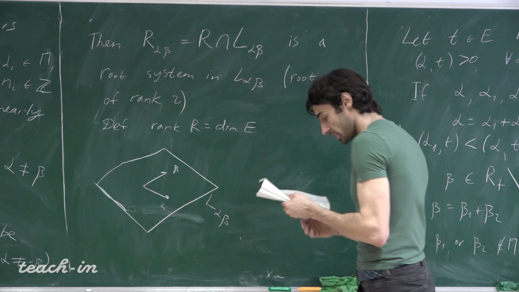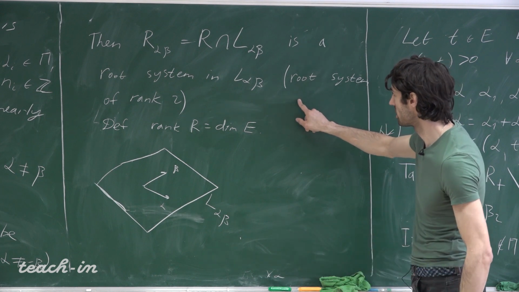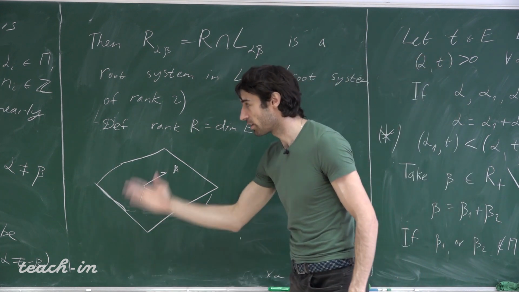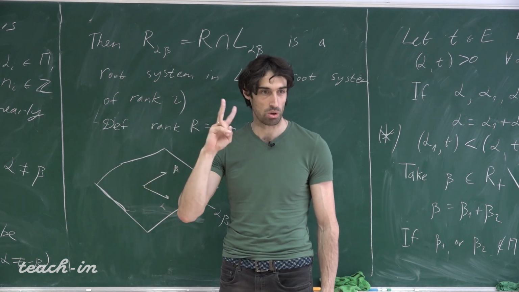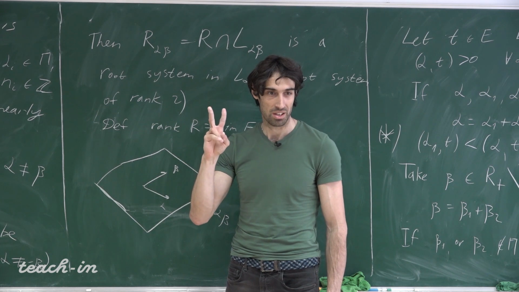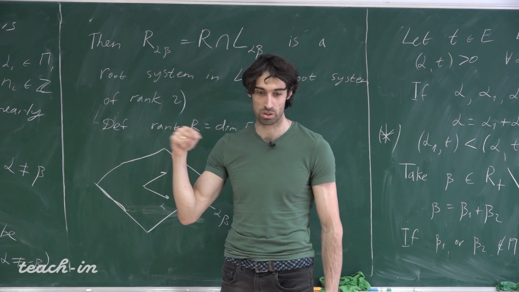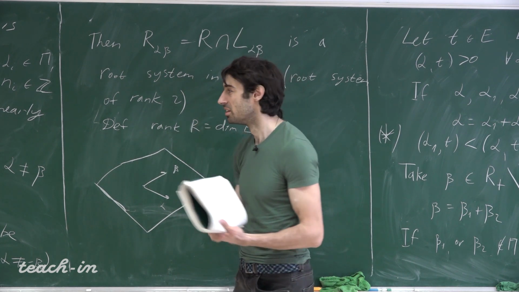Okay, so let's proceed. I claim that if I take 2 roots, then I can always check statements about only two roots, just by checking these 4 root systems that we will discuss today on the seminar. Okay?